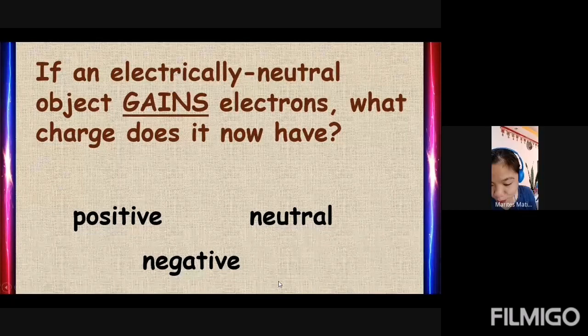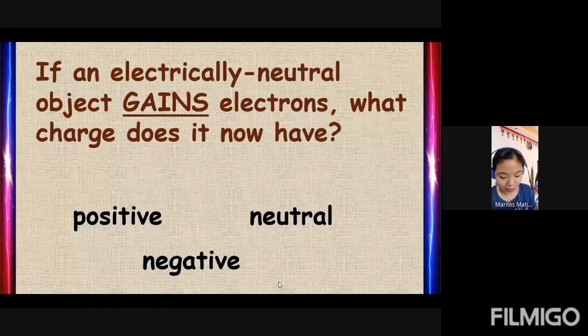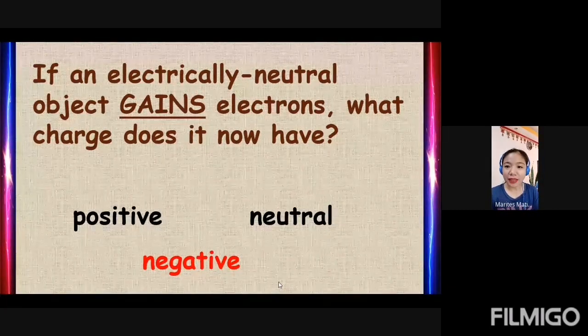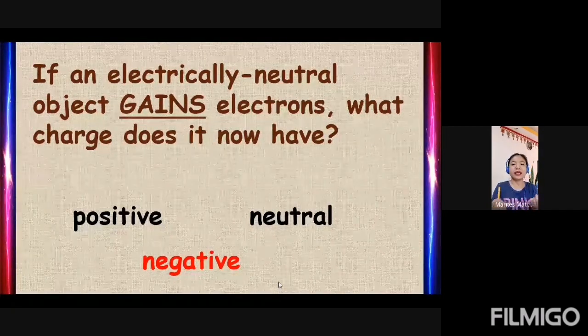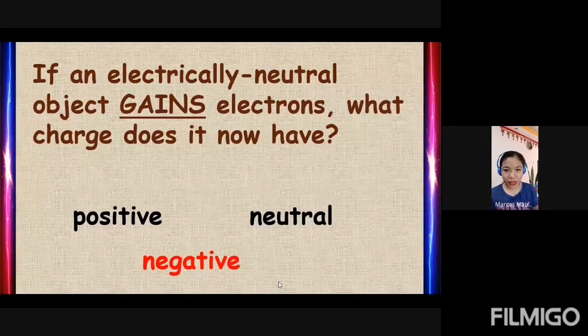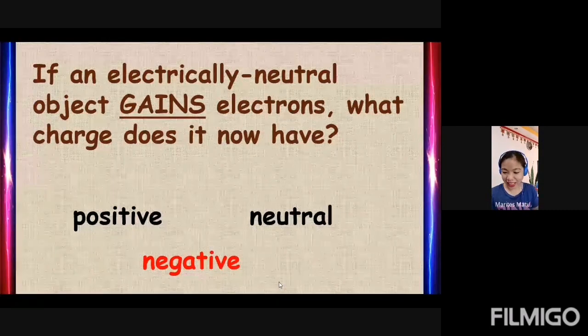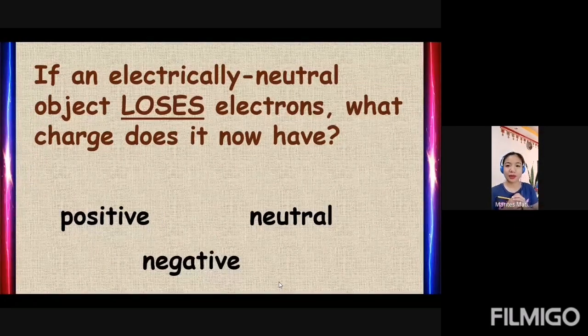Ma'am, negative po ba? Okay, let's see. Very good. So once an electrically neutral object gains electrons, that object will have a negative charge.